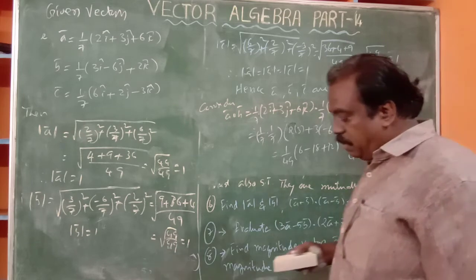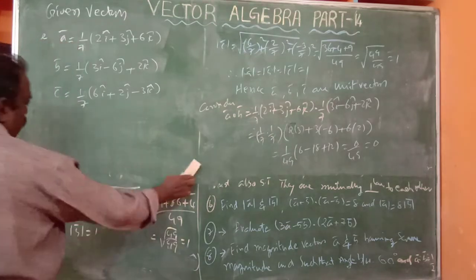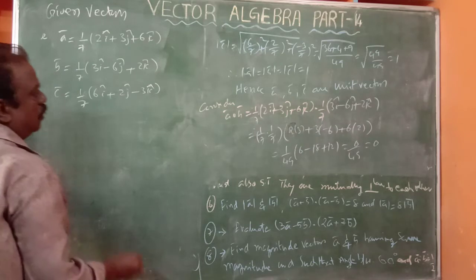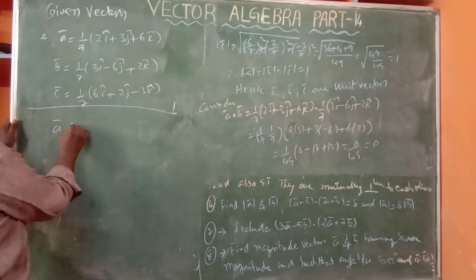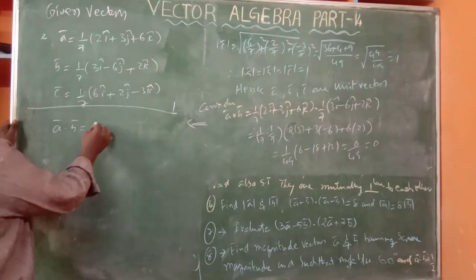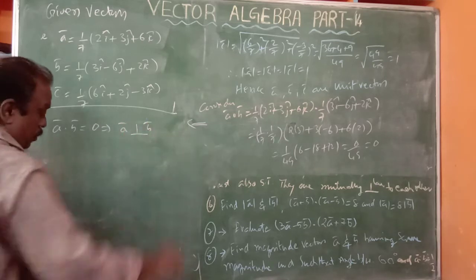That means, here we considered a bar dot b bar, and we proved that it is 0. That implies a bar is perpendicular to b bar.